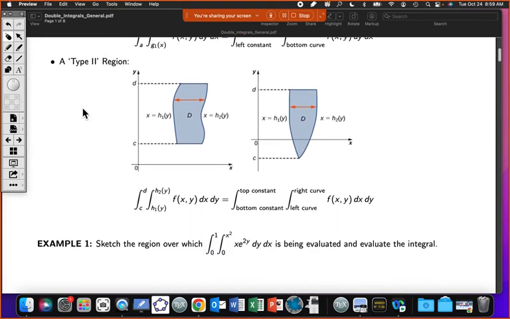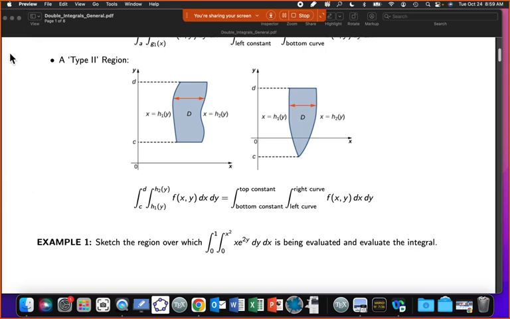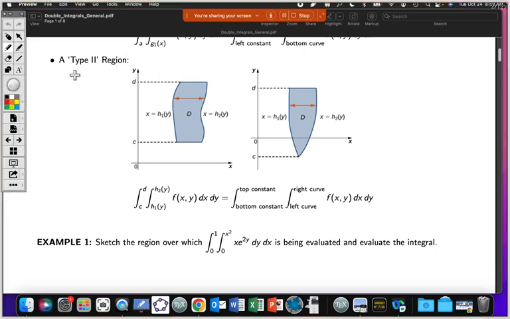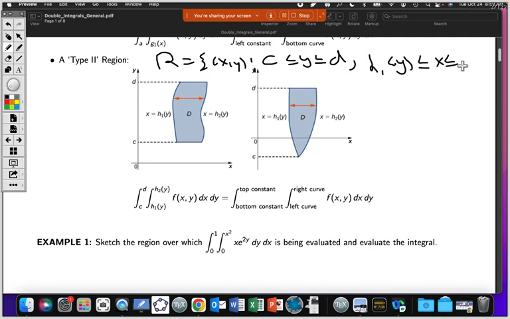If you've got the reverse situation happening, in other words, if your region R can be described as a set of points x, y, where the y is constant, but the x is between variable bounds, then what you can do is chop up the y-axis between constants c and d, and then for a fixed y, see what the x is running between.